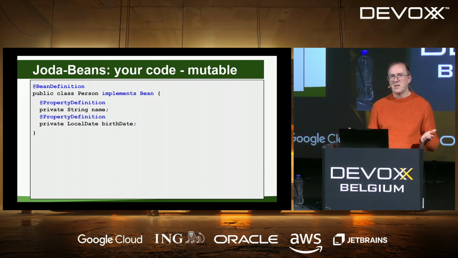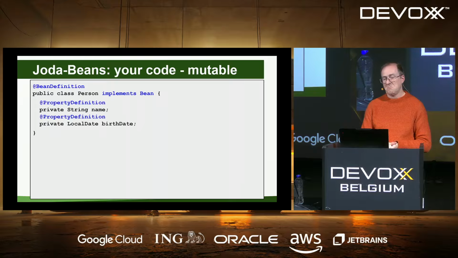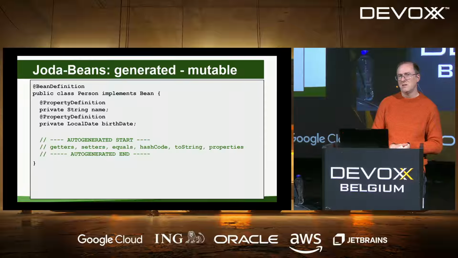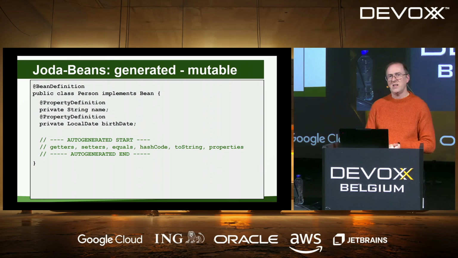So you write something like that, you add on a bean definition, you implement the bean interface, and you annotate with property definitions. And what you get in your source file is all the code generated. So it's very similar in many ways to an IDE generating it for you, except that it's going to be kept constantly up to date as you change the bit at the top.